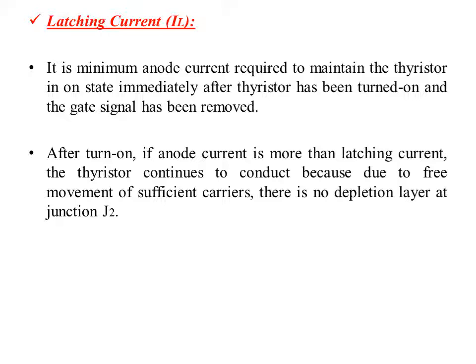Since J1 and J3 are already in forward bias mode, J2, which was earlier in reverse bias mode, will break down if we increase the voltage. As soon as the junction J2 breaks down, a large number of carriers flow from all four layers, P N P N, and due to this more current, the thyristor starts to conduct in forward bias mode.